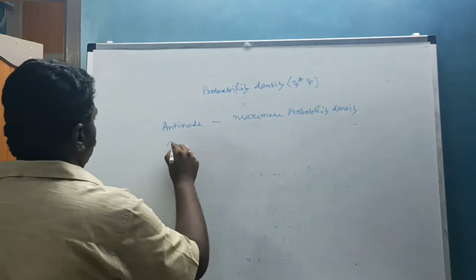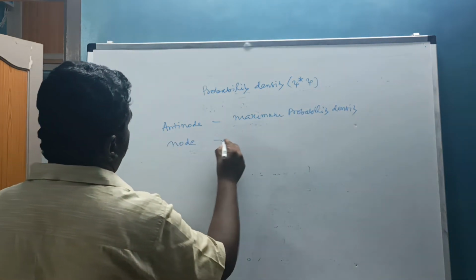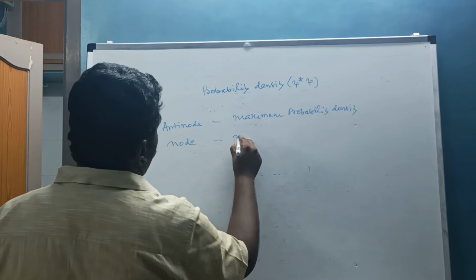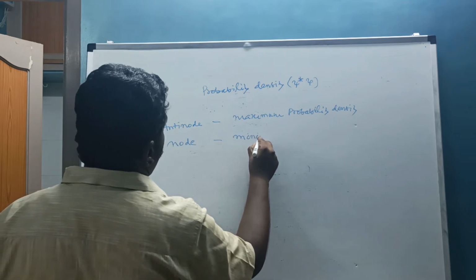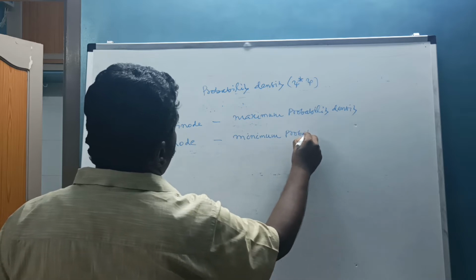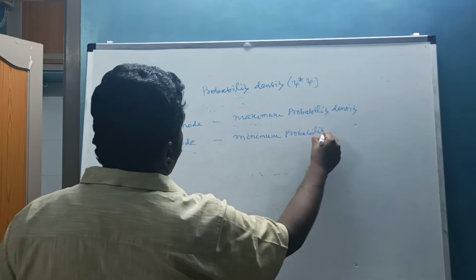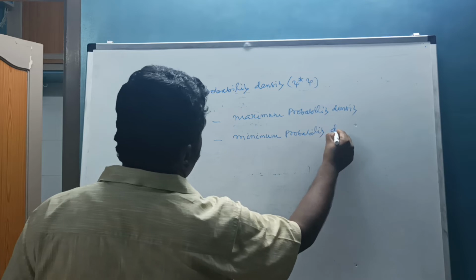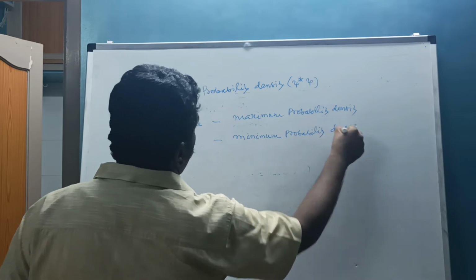If I say a node, this is the position of minimum probability density. That means the particle is not present at this point. Minimum is almost zero probability.